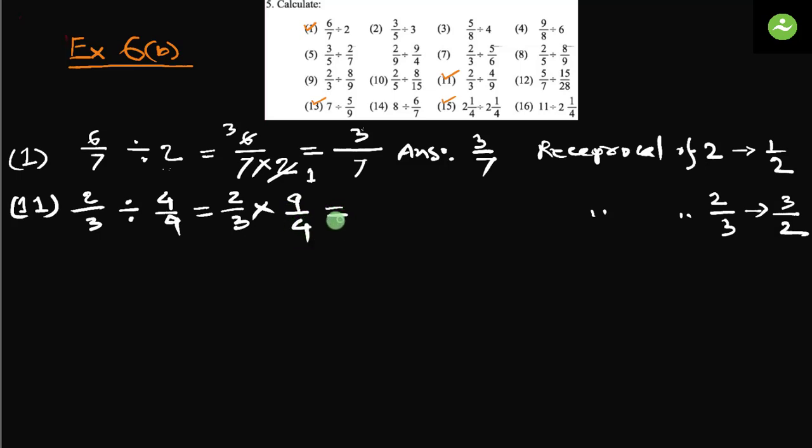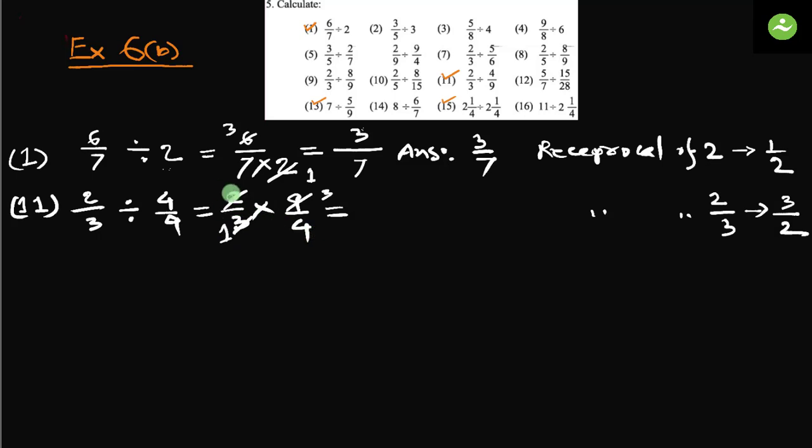Now when we do calculation, we will try to reduce. We will check if we can divide by the same number. Yes, 3 divides 9 and 3 both. So we can divide by 3 and 1. 2 divides 2 and 4.